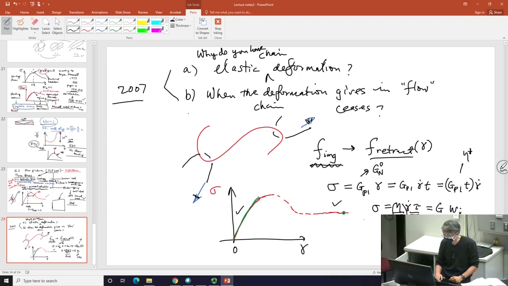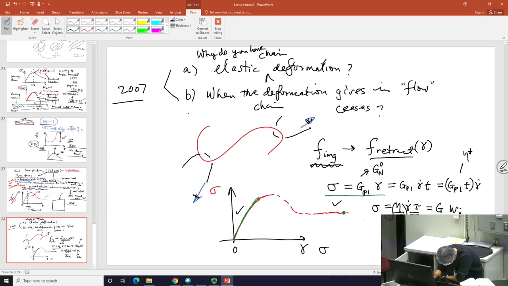In both regions. So let me now get back to the notations, and let me try to also cover both shear and extension. So shear, I think you quickly accepted what I did here. And for extension, let me just save the space and do it here.